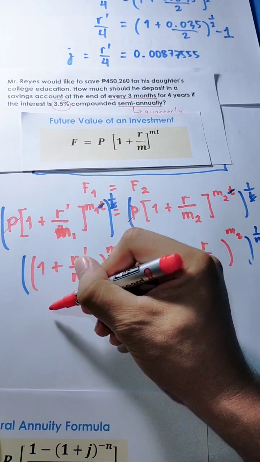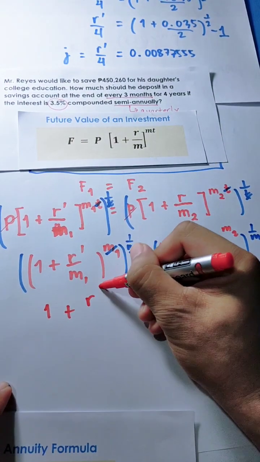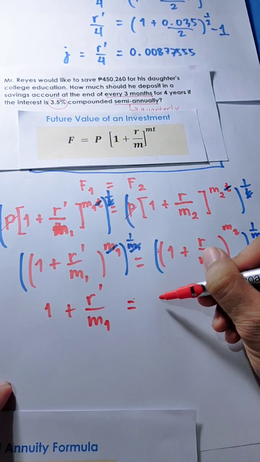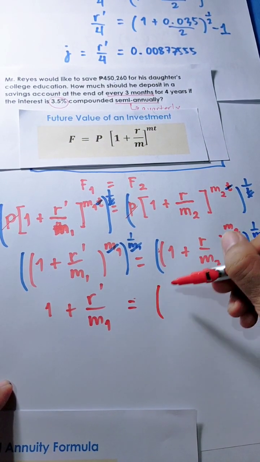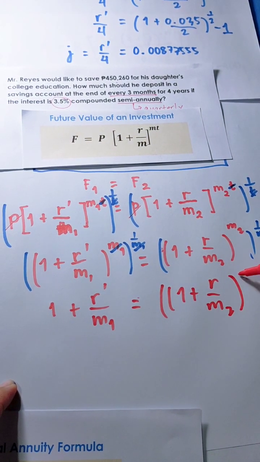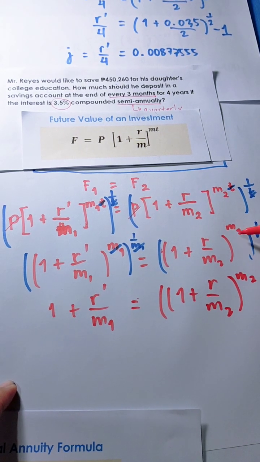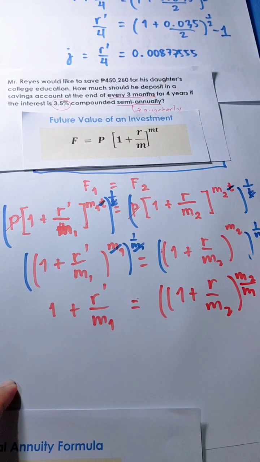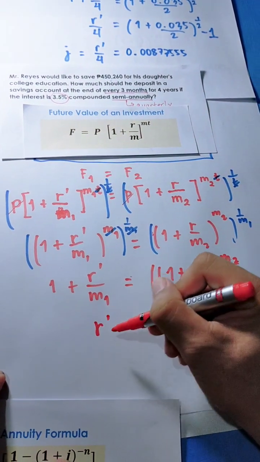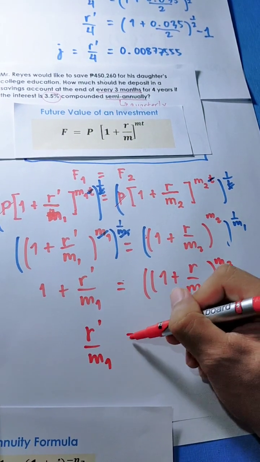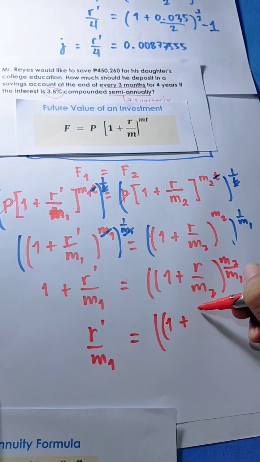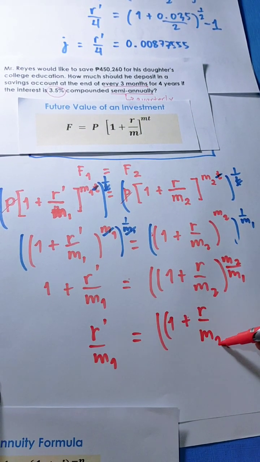So the left side now becomes 1 plus R prime over M1, equals, the right side is (1 plus R over M2) to the M2. Multiply the exponents, we have M2 over M1. And we transpose 1 to the right side, we have R prime over M1 is equal to (1 plus R over M2) to the M2 over M1, minus 1.